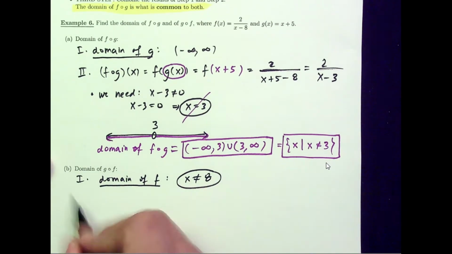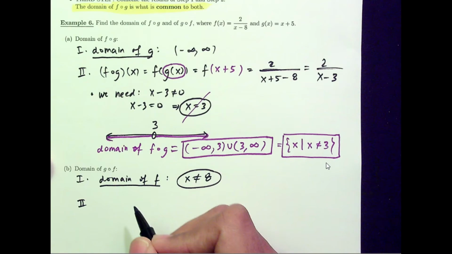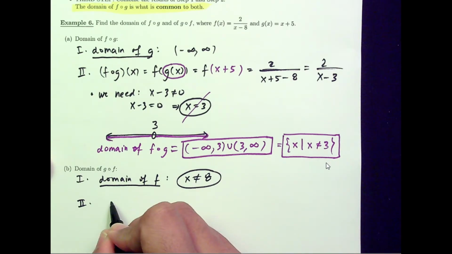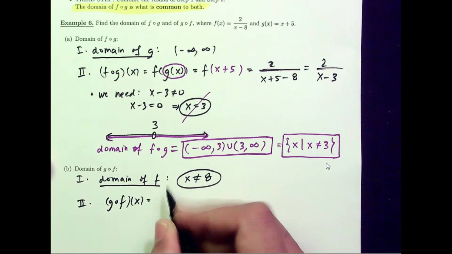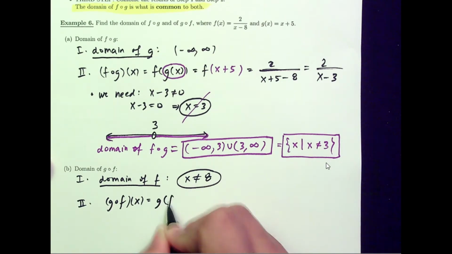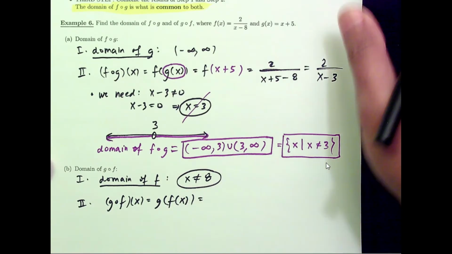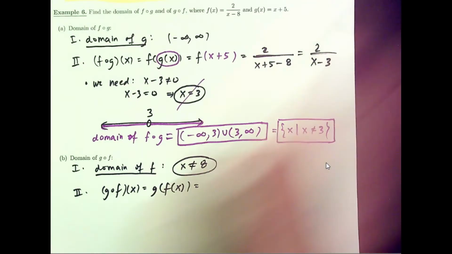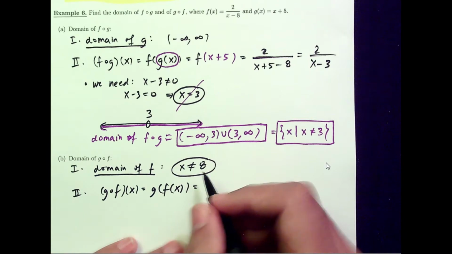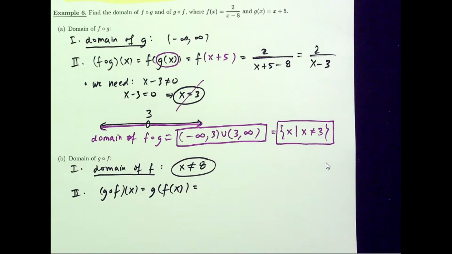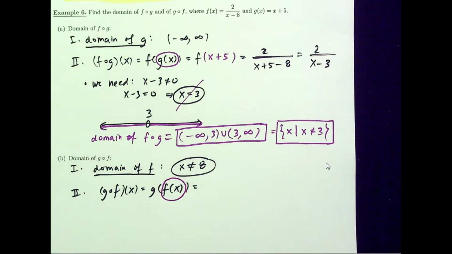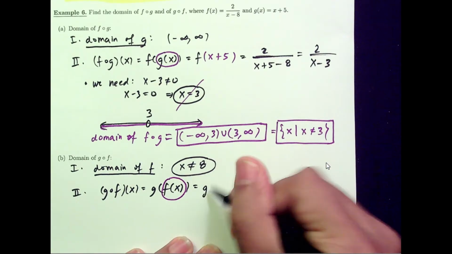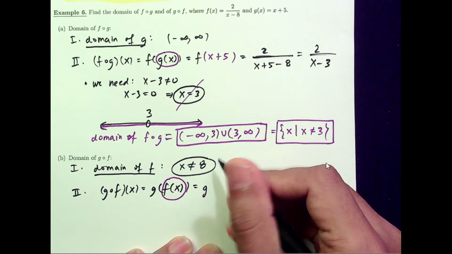Now let's figure out what the composition is here. G composed with F evaluated at x is G of F of x, because the little circle becomes a parenthesis. Now F of x gets replaced with, what is F of x?